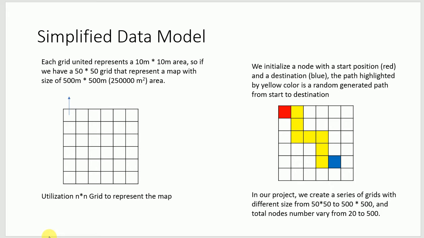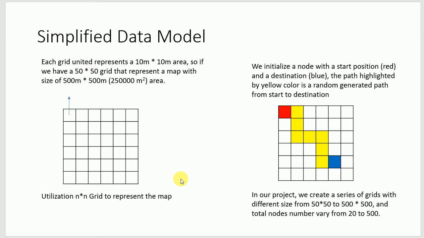We simplified the metrics into an n times n grid to represent the map, as shown here. Each grid unit represents a 10 times 10 meter area. So if we have a 50 times 50 grid, it represents a map of 500 meters by 500 meters, which is 250 thousand square meters.